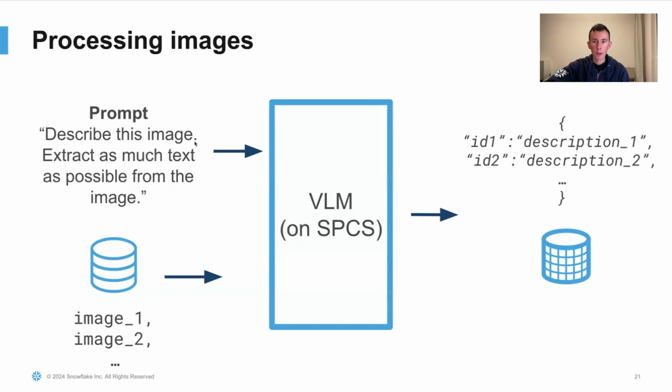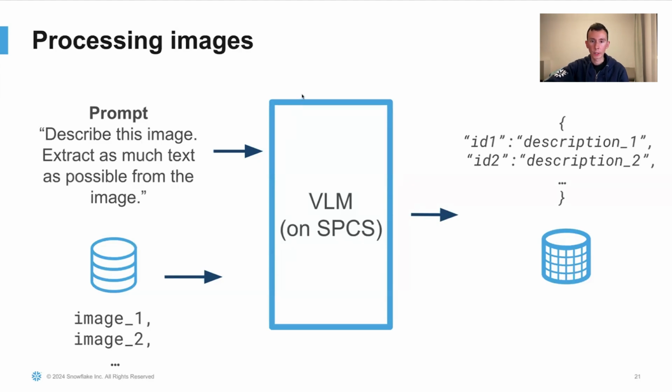So I created a prompt, as you can see on the left part of the slide. The prompt is: describe this image and extract as much text as possible from the image. And then for each of the images stored in a Snowhouse stage, I pass both the prompt and the image directly to the VLM.